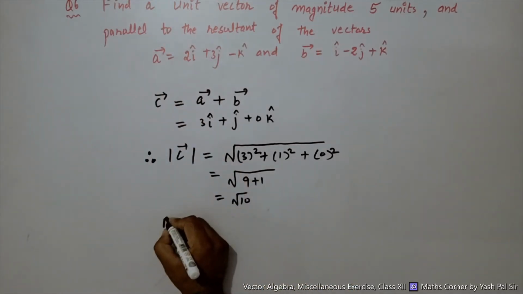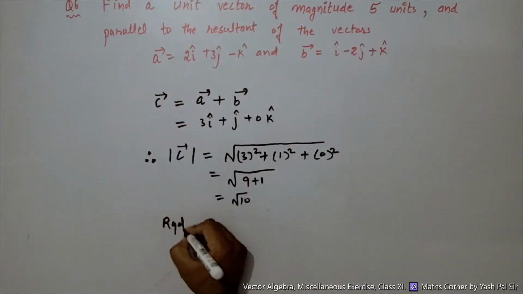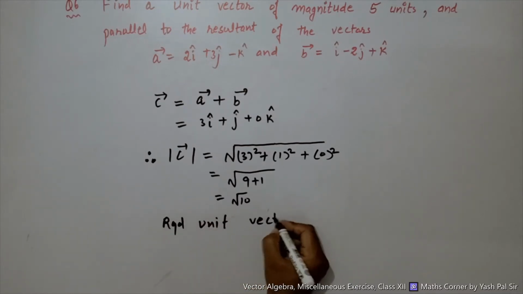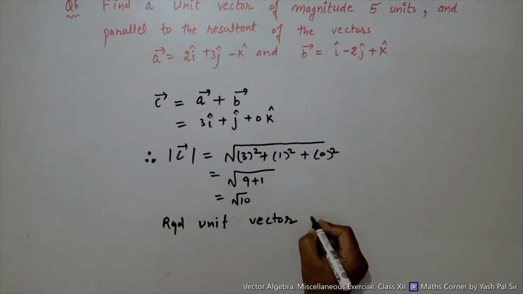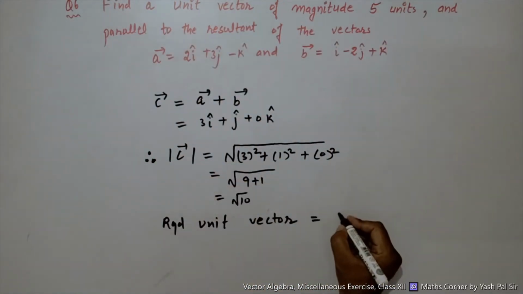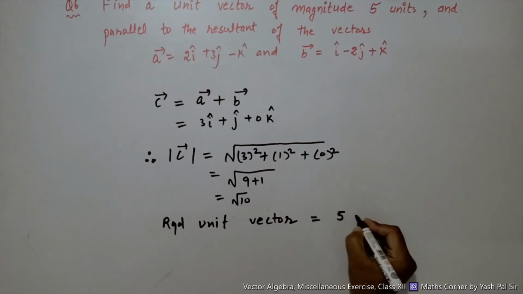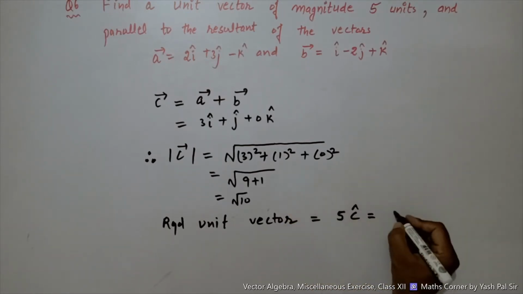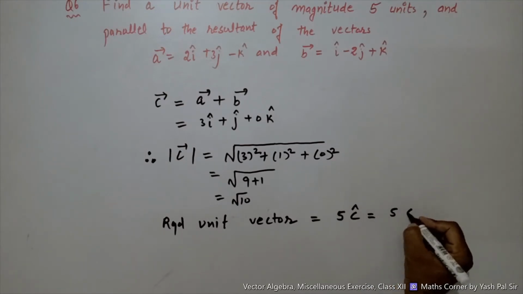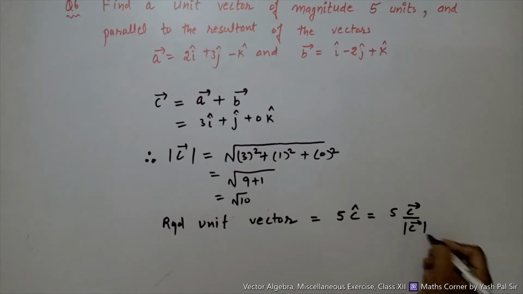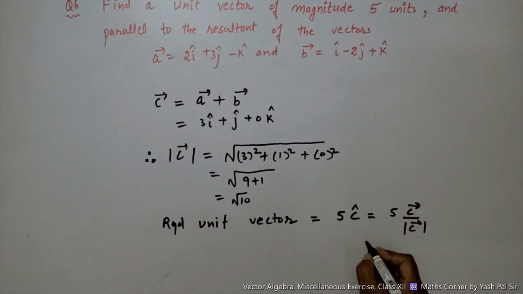Sorry, the required unit vector is equal to, we have to multiply this by 5. 5 into c cap, that is 5 into c vector divided by magnitude of c vector.